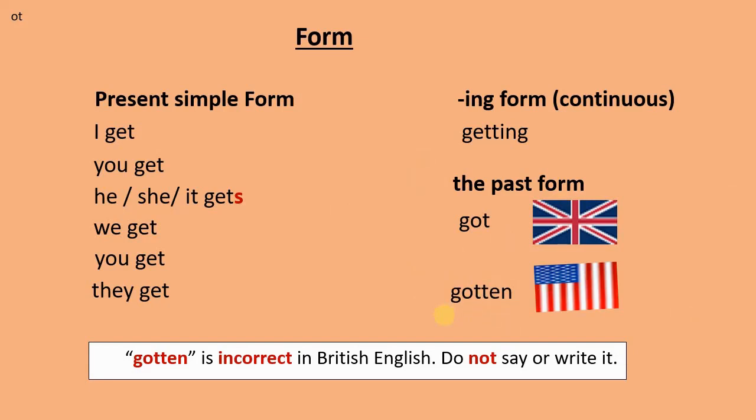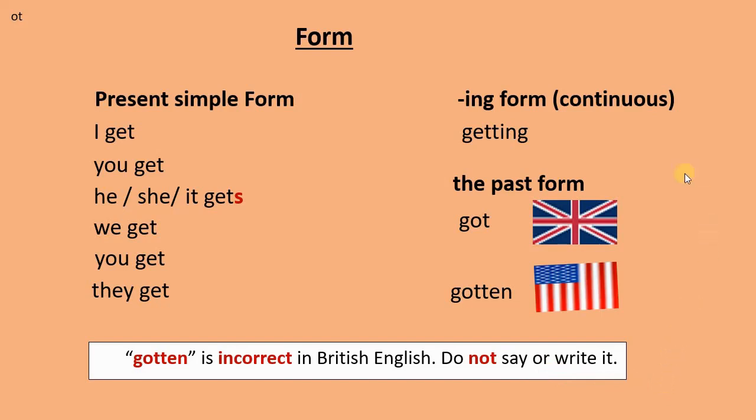So this is a big difference between British English and American English. And it is very important to say that gotten is incorrect in British English. Do not say or write it. It is a big mistake, in fact, in British English.